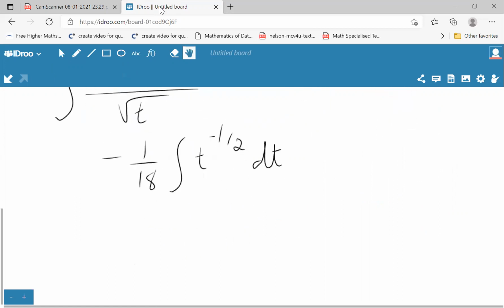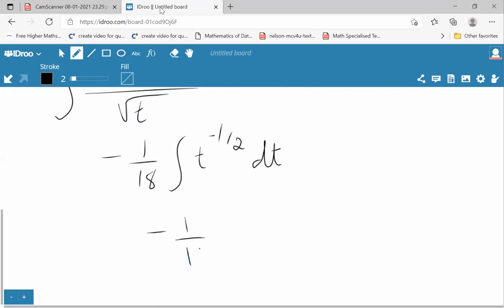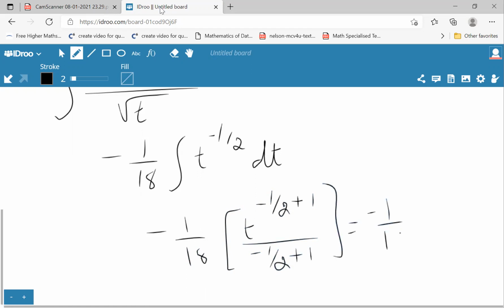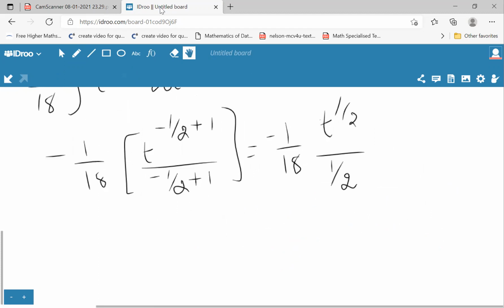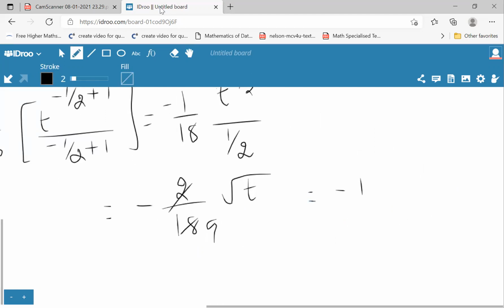Now on integration, you'll get minus 1 by 18 t to the power of minus half plus 1 by minus half plus 1, which is minus 1 by 18 t to the power of half by half, which is minus 2 by 18 root t, or minus 1 by 9 root t.